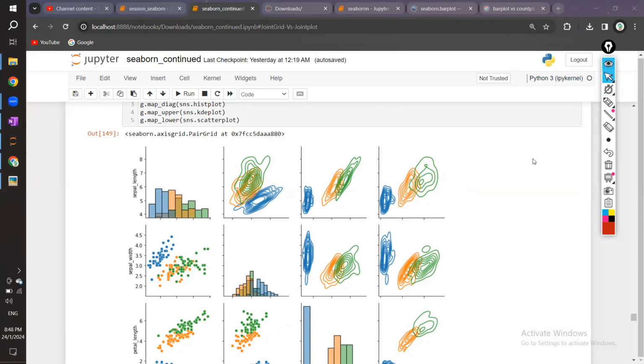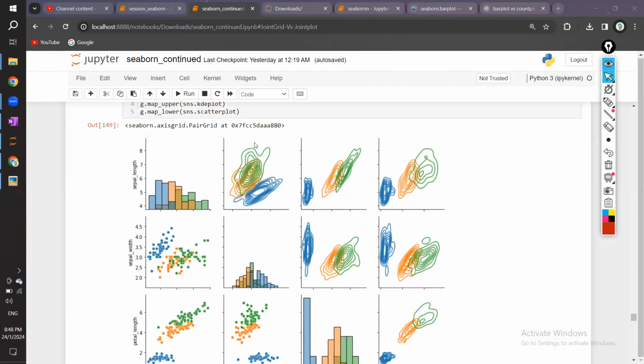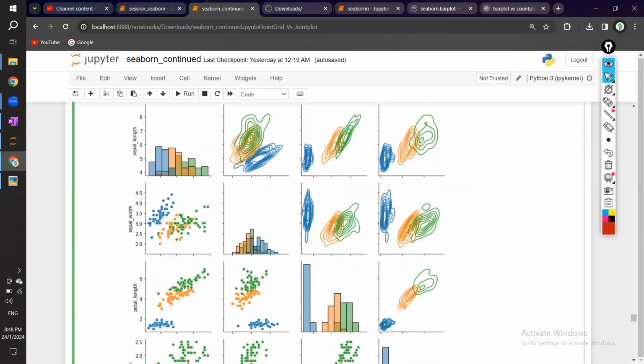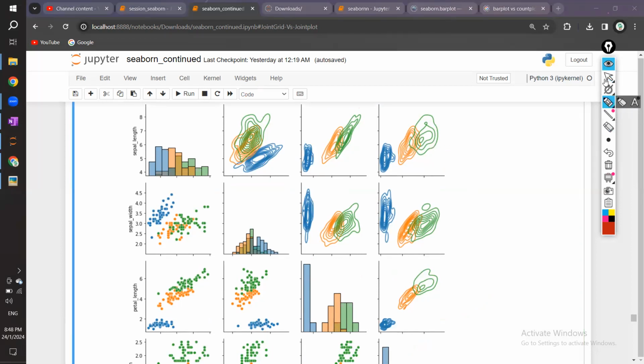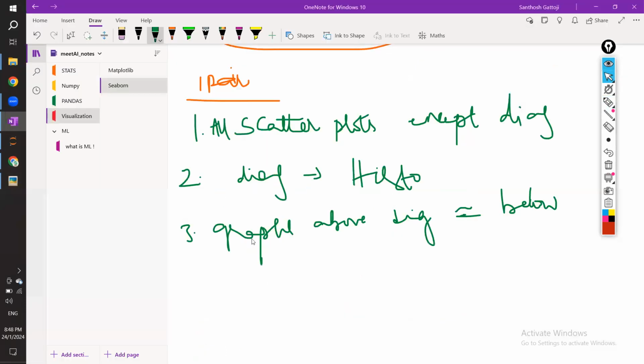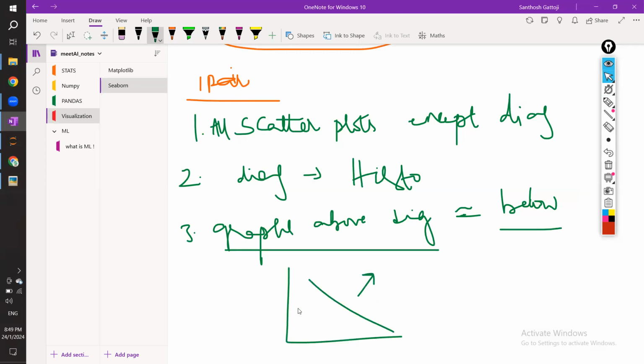Why are we doing this? This is just an example and might not be that helpful for a dataset like Iris, but you can apply it to any other dataset. Remember what I said: the graphs above the diagonal are almost equal to those below, because they use the same columns.